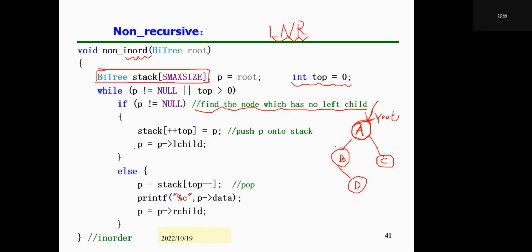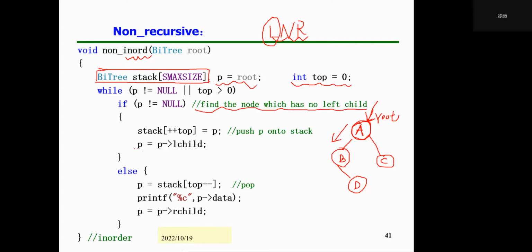Because we always need to find the node that has no left child. The first step is to inorder the left subtree. So we will go left, right? So we will modify the P. At first, P starts from A.